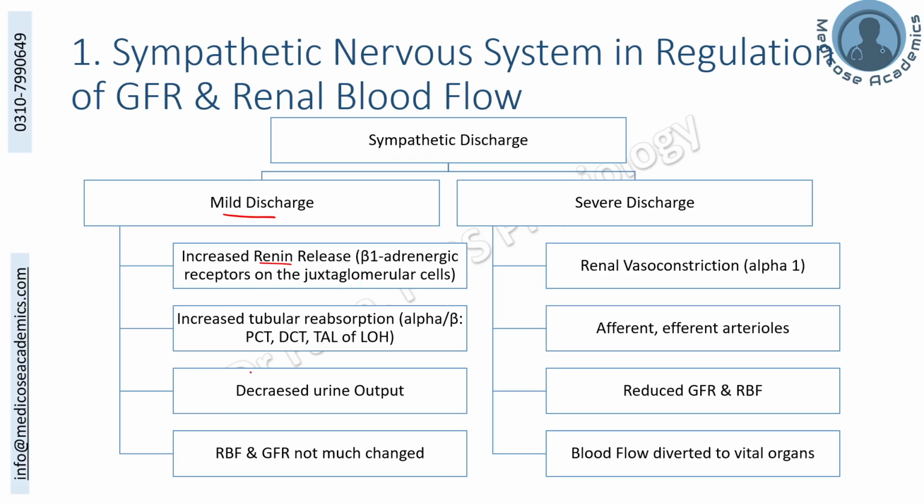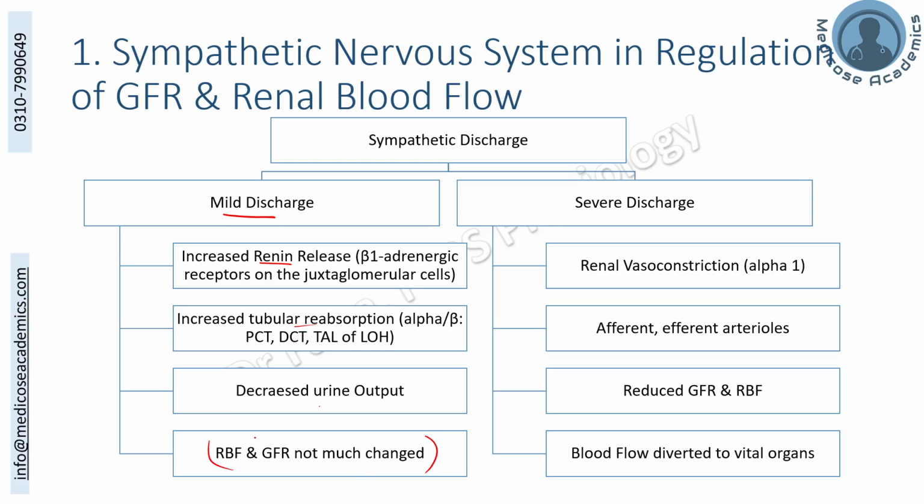Also, the sympathetic discharge causes increased tubular reabsorption of the fluid, leading to decreased urine output, but it does not impact the renal blood flow or GFR. It exerts its action by enhancing the renal tubular reabsorption.